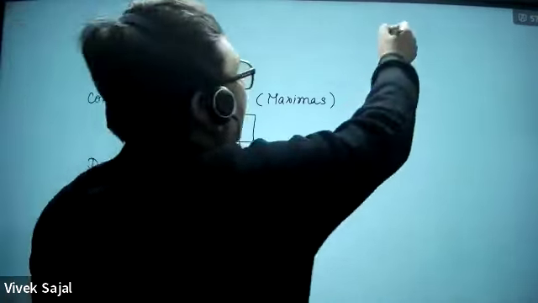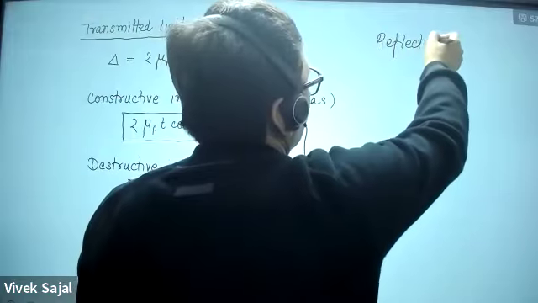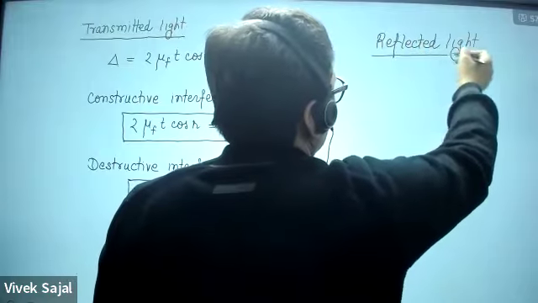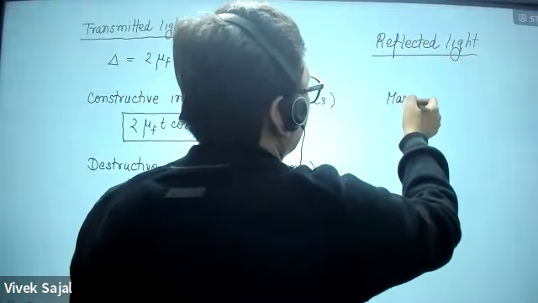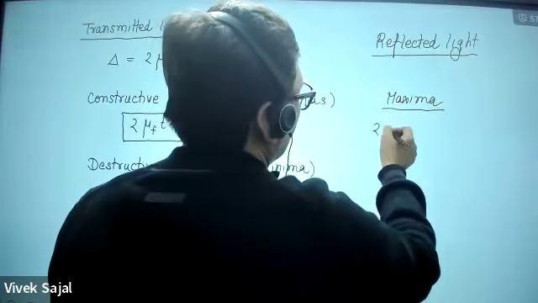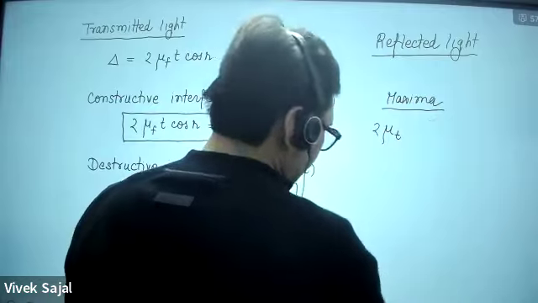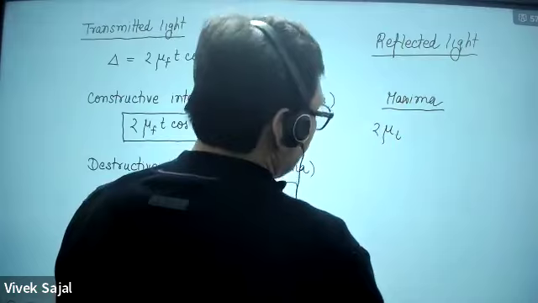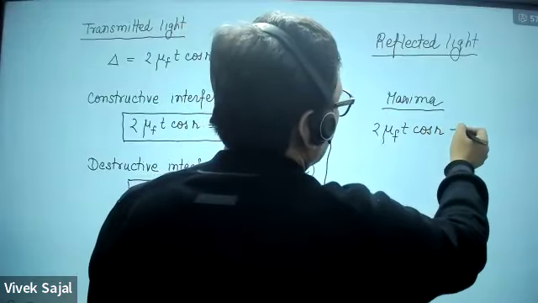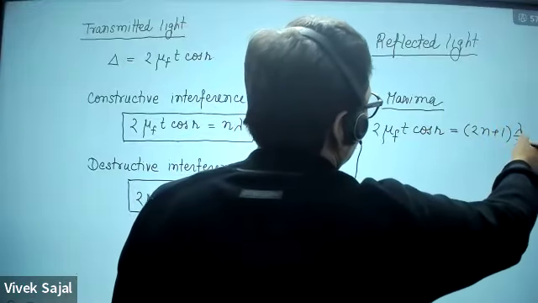And in the reflected light, for maxima, what was the condition? 2 mu t cos r equal to 2n plus 1 times lambda by 2.